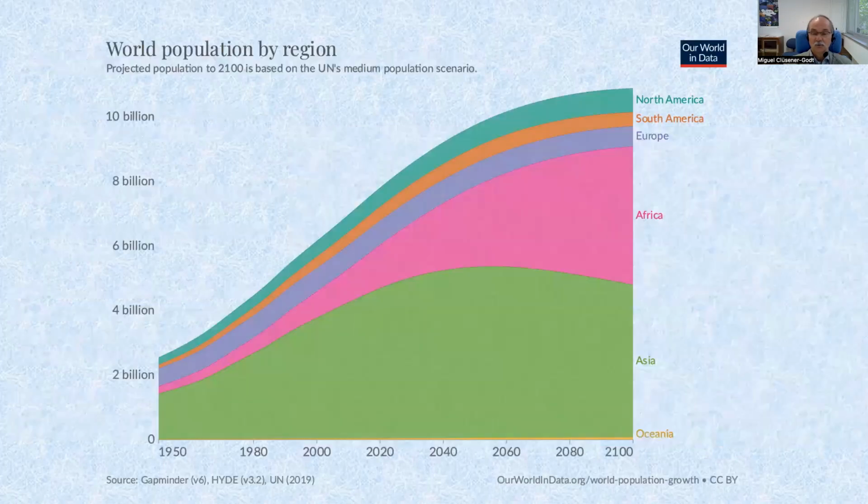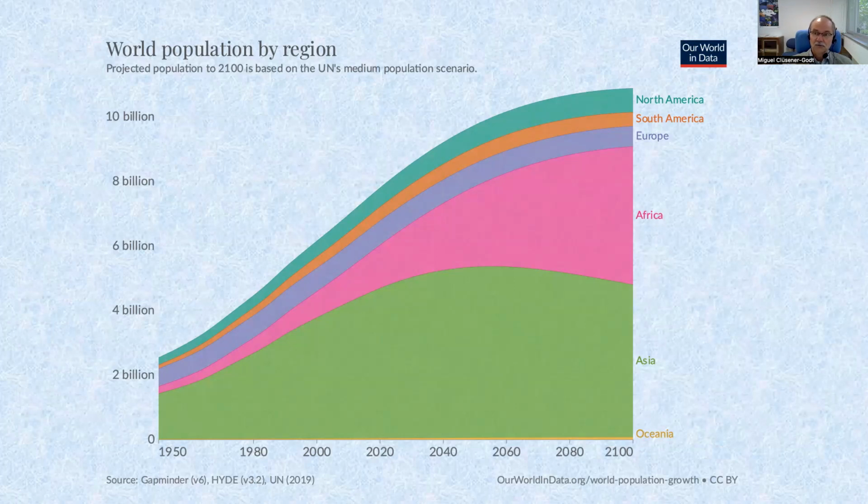So, world population by region. Now let's have a look at what Our World in Data is predicting until the year 2100. So we are right in the middle of this diagram, 1950. You remember, this is when it really started heavily.